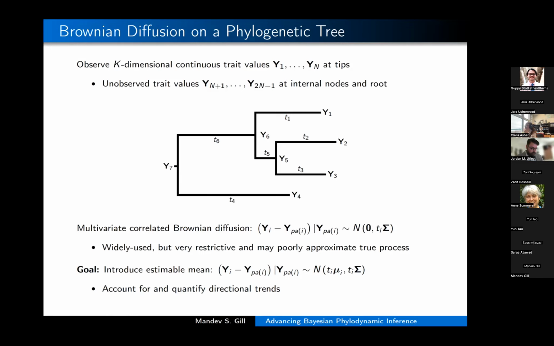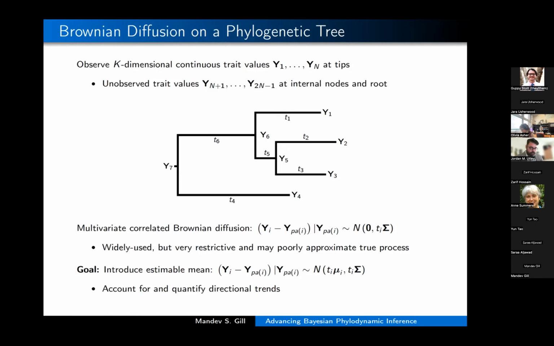And this kind of standard correlated Brownian diffusion is maybe the most widely used model for continuous trait evolution, but it's also very restrictive and it might not adequately characterize the true process. One of the major restrictions is that these displacements are assumed to have a mean of 0.